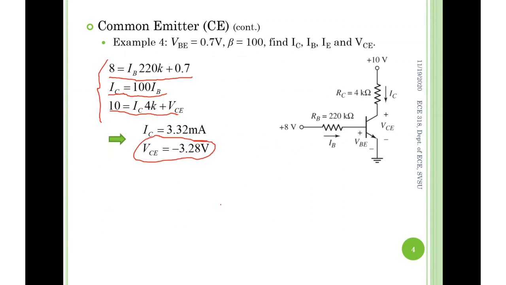It turns out that VC equals 3.28, negative. There's no way for this to be right. But what do you find in this conclusion? It's less than the saturation voltage, so the active assumption was wrong. How to deal with it?